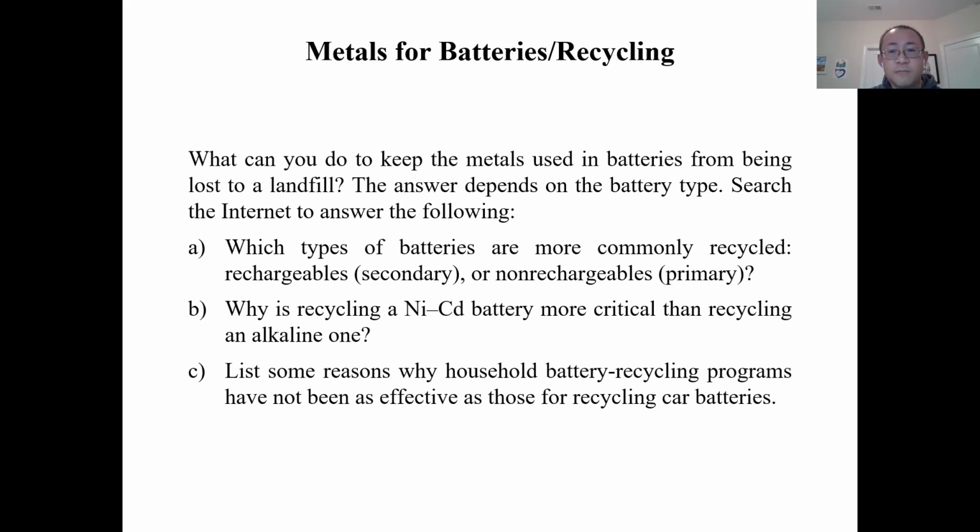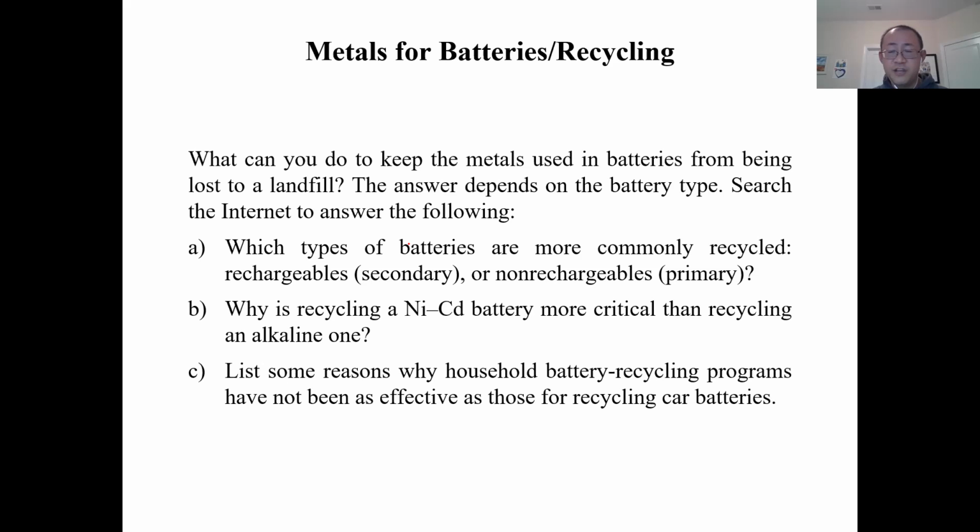So here are some questions for you to think about, or to search for answers on the internet. What can you do to keep the metals used in batteries from being lost in landfill? The answer depends on battery type. So search the internet and find the answers to the following questions. The first one is, what types of batteries are most commonly recycled?